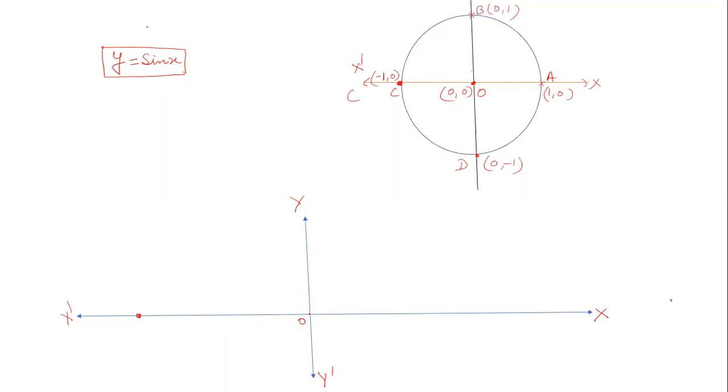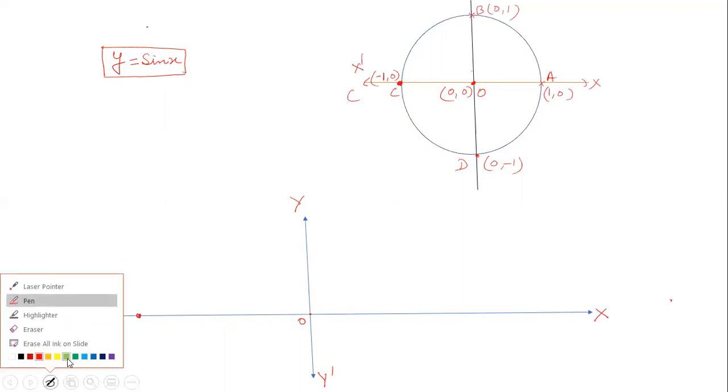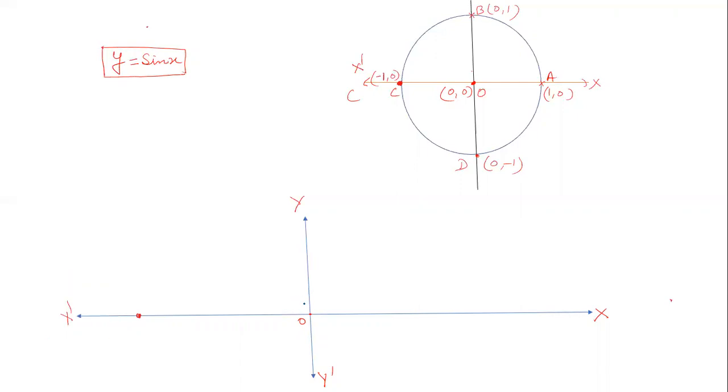So this is 0 radian, then this is pi by 2, then 2 pi by 2, that is pi, then 3 pi by 2, then 4 pi by 2, that is 2 pi.